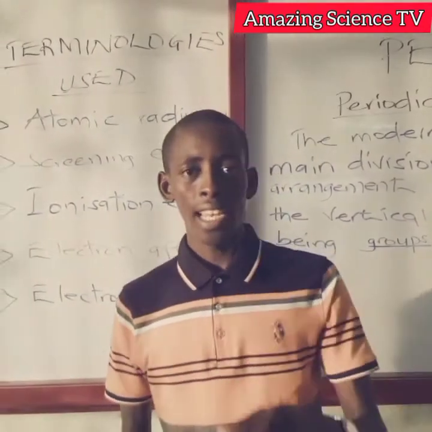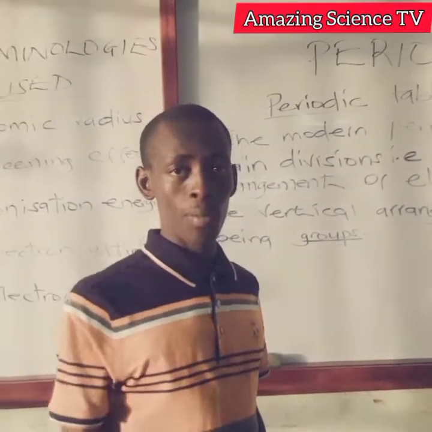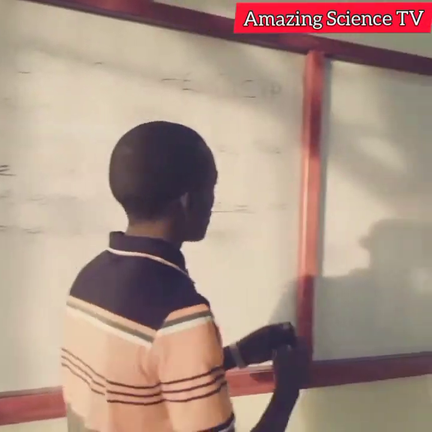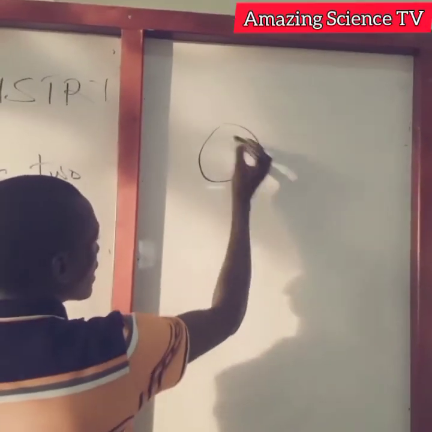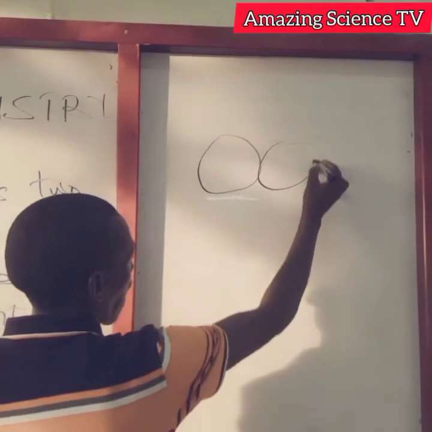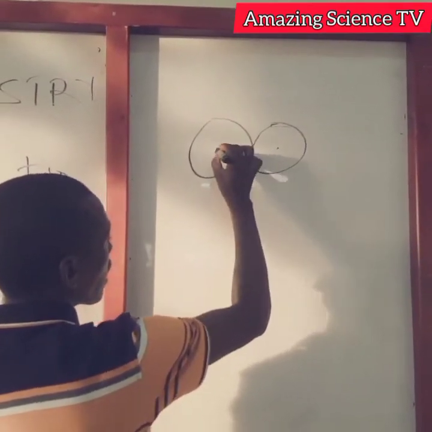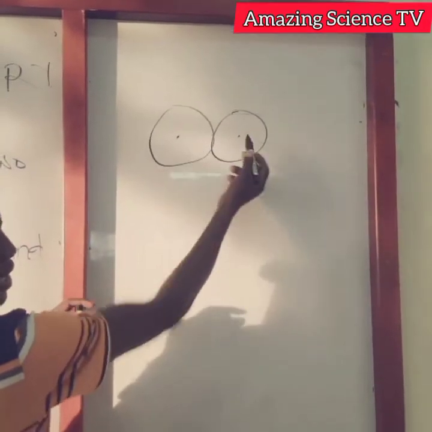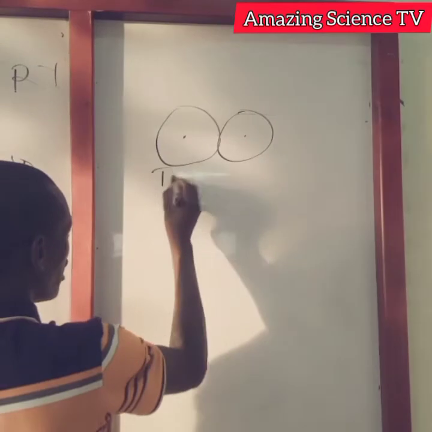Taking an example of iodine, a diatomic molecule, we shall have something like this. Taking this dot and this dot as the nuclei of the two atoms, this is an iodine atom.